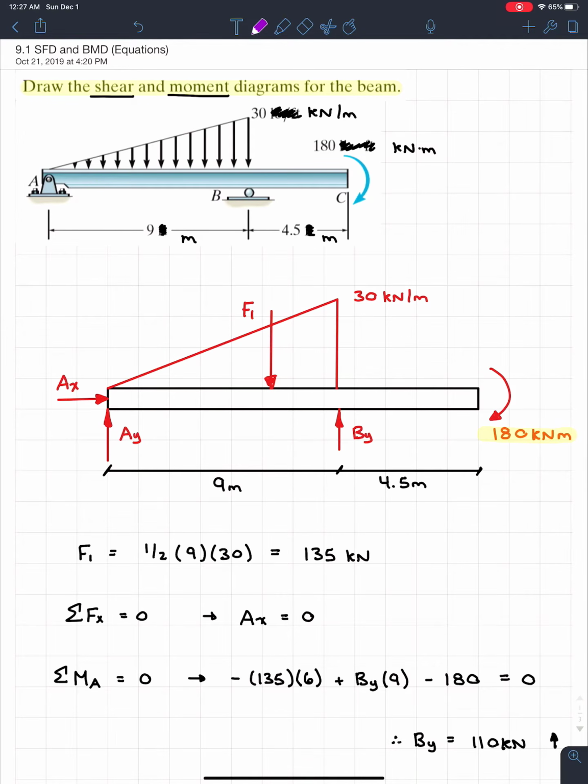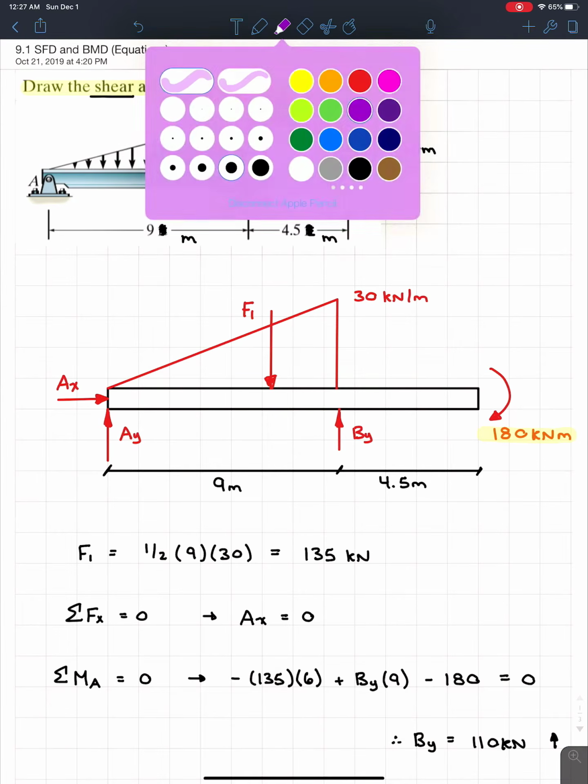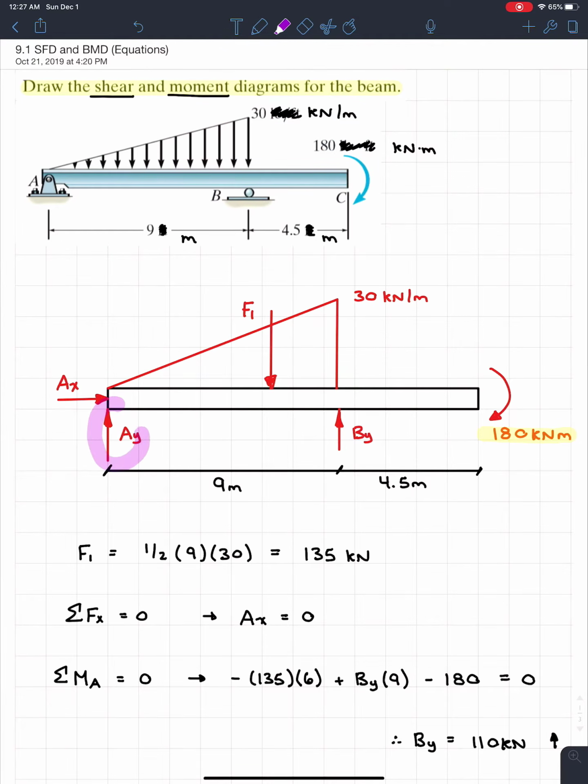So now the question becomes, what are segments and why do I need them? If you remember, these forces, which I'm going to highlight right here, play a big role in our diagrams, because they cause a discontinuity, they cause a jump. So unfortunately for us, there is not a single equation that governs the shear for this whole beam.